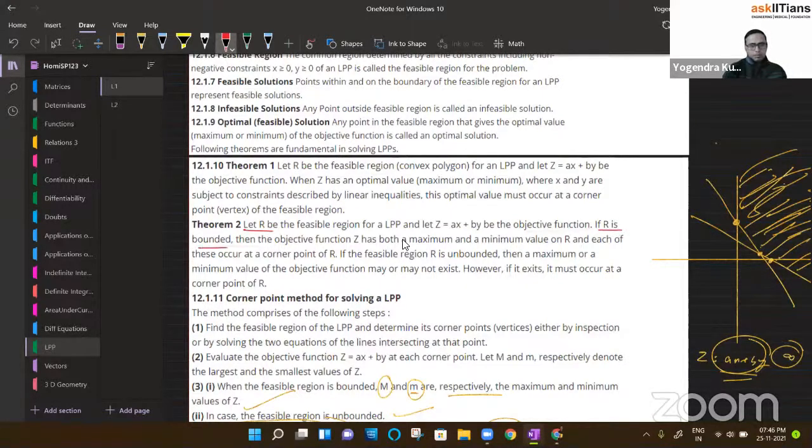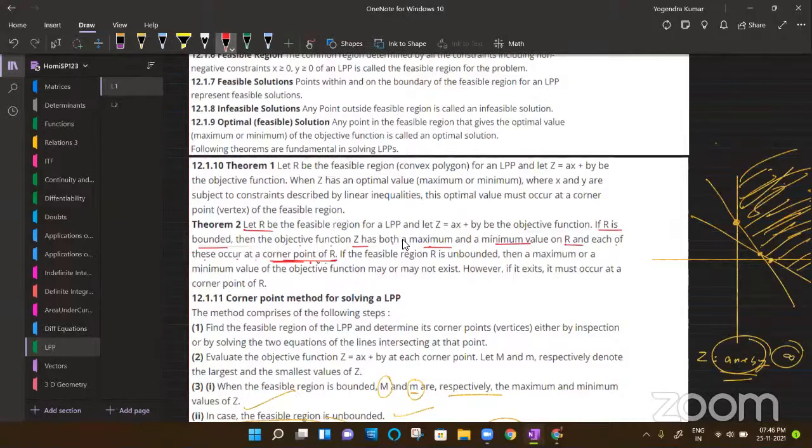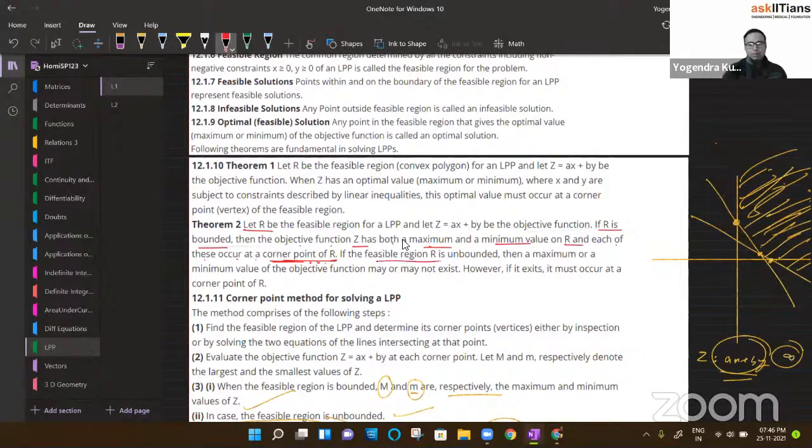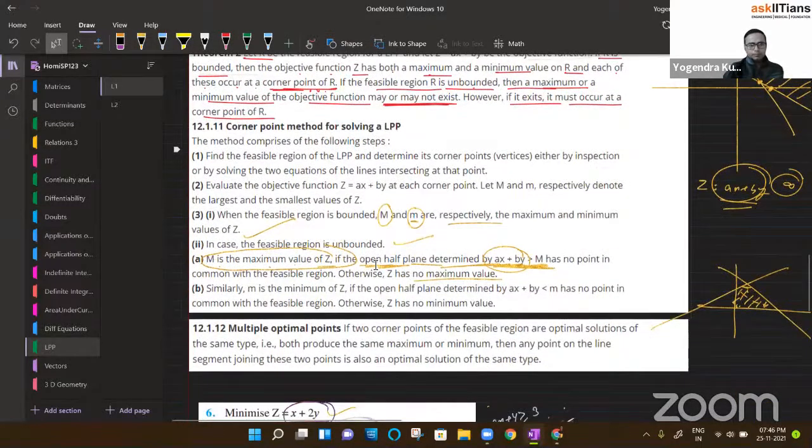If R is bounded, then the objective function Z has both a maximum and a minimum value on R, and each of these occurs at a corner point of R, or at any point on the line segment. If the feasible region R is unbounded, then a maximum or a minimum value of the objective function may or may not exist. However, if it exists, it must occur at a corner point.